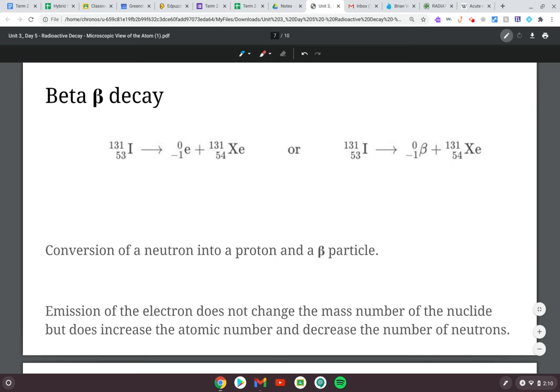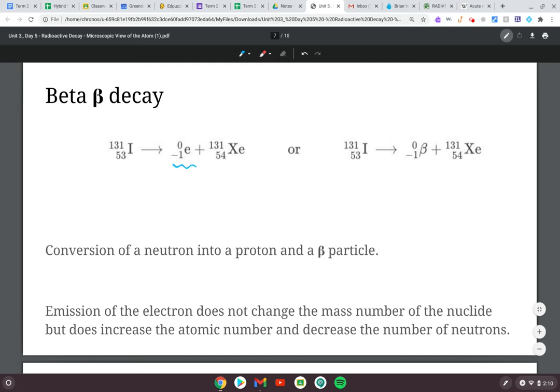So in the case of iodine 131, what happens is that one of the neutrons is changed into a proton. So the mass number doesn't change, but in that process, the number of protons now increases by 1, which I get is a little bit confusing because the notation right here indicates that you'd almost lose a mass number.